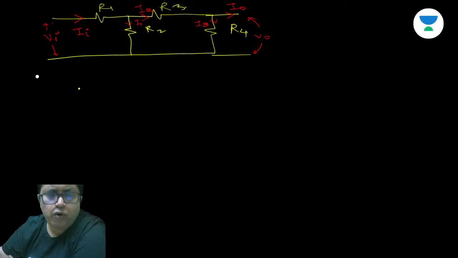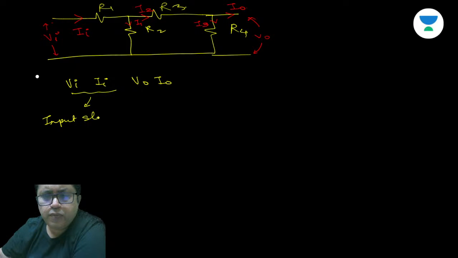Now, I will call Vi, Ii as input states, and Vo, Io as output states.